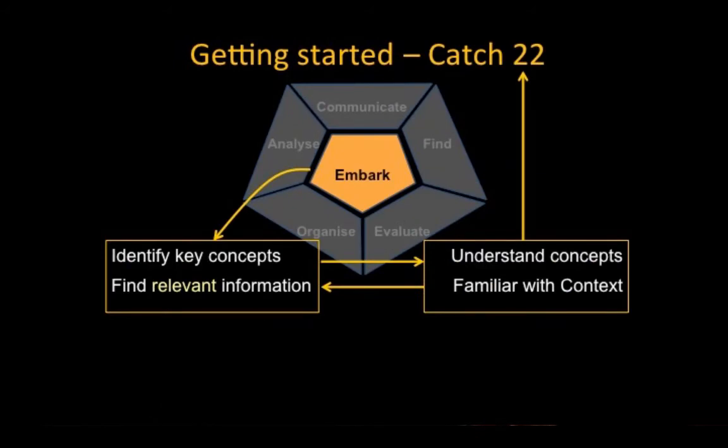So this is the paradox, that to get started you need to identify key concepts to find relevant information, but to do that you need to understand the concepts and be familiar with the concepts. So you've got a Catch-22 with what you need to get started. You need the result of getting started to do it. And that's it.